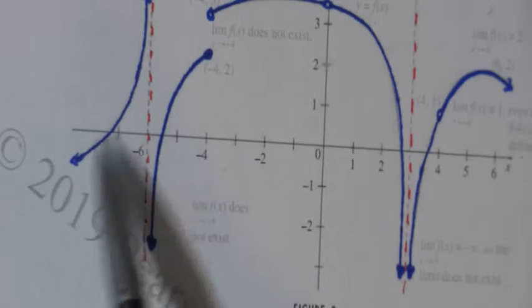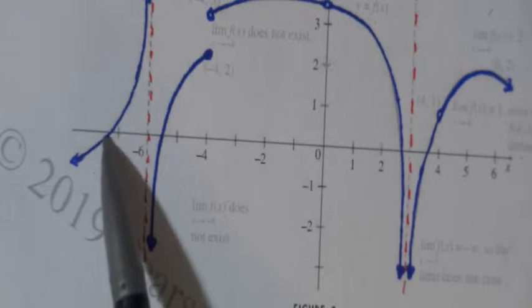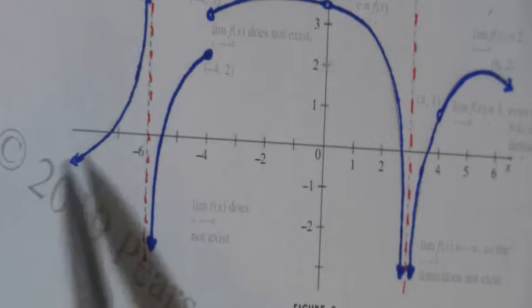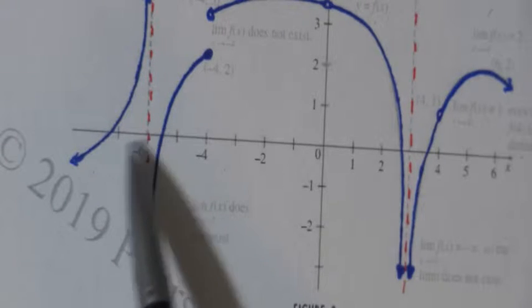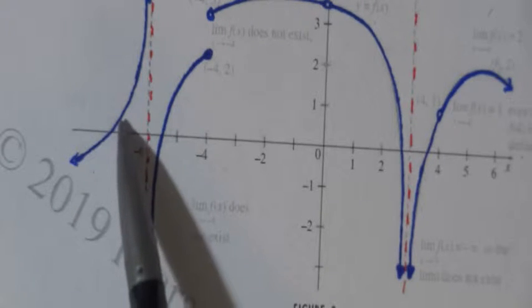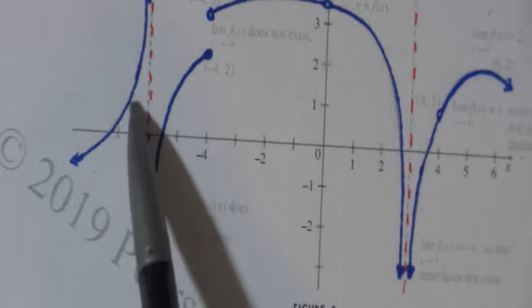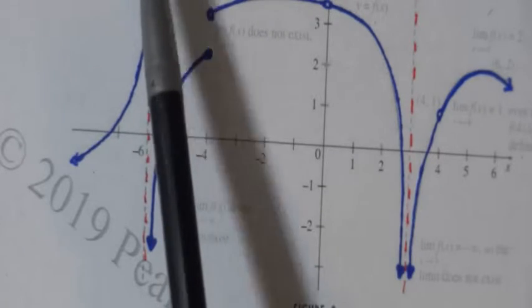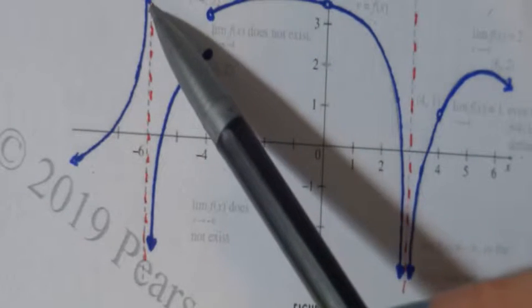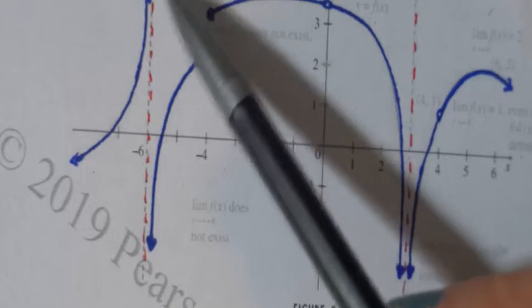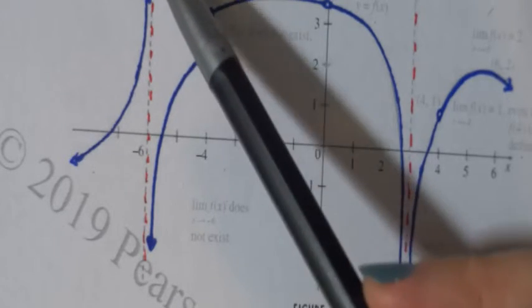The function to the left of -6, as we keep going left, is going to keep going down. But as we get closer to -6, how we do that is not along the x-axis, but along this blue line. So we would track up, and the arrow tells us that we're going to keep going. The vertical asymptote tells us that we can't go anywhere this way, it just tells us that we're going up.